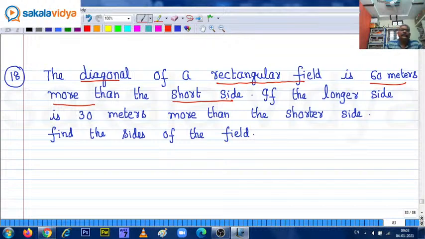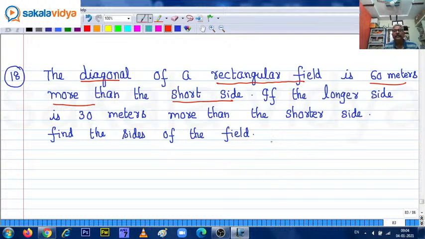The length of the diagonal has not been given to us. Here some restriction is given. For example, if the short side is x, the length of the diagonal becomes x plus 60. The longer side is 30 meters more than the shorter side, so the longer side of the rectangular field will be x plus 30. Then the sides of the field we need to find out. Sides of the field means length and breadth we need to find out.